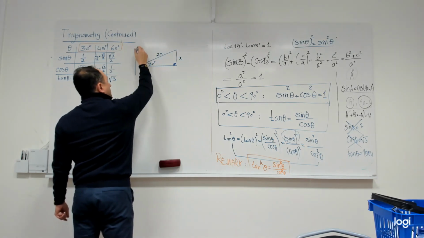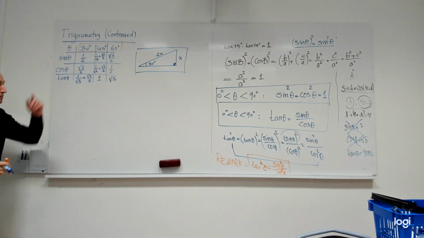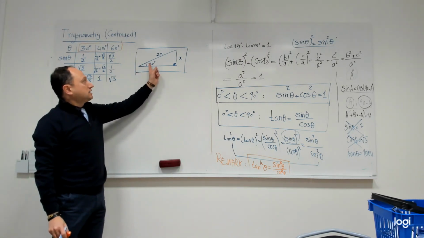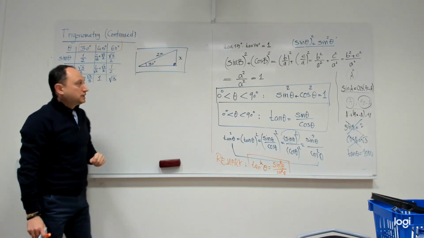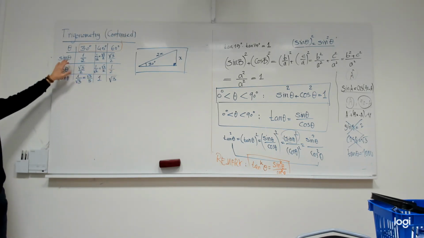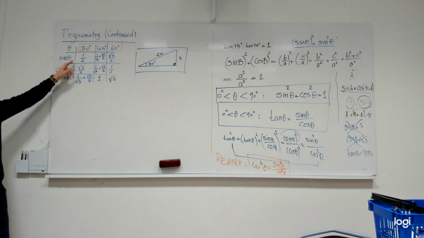Remember this picture in your head. Yes? It's good to remember this fact. If I have this 30 and this is 90, the side opposite to it is half of the hypotenuse. Yes? We proved this, and after that we were able to find sine theta to be equal to 1 over 2. Sine 30 degrees is 1 over 2.